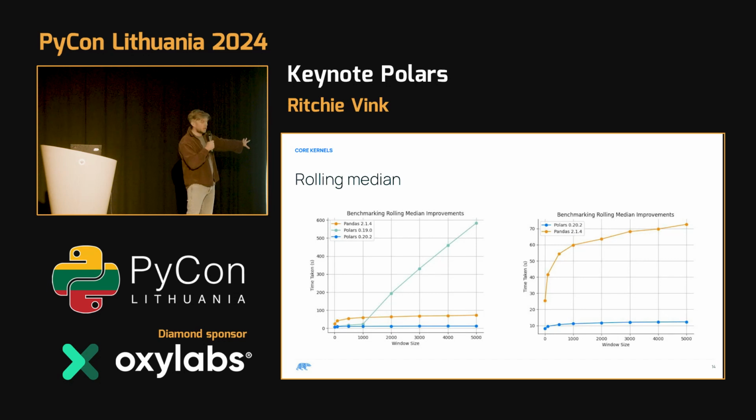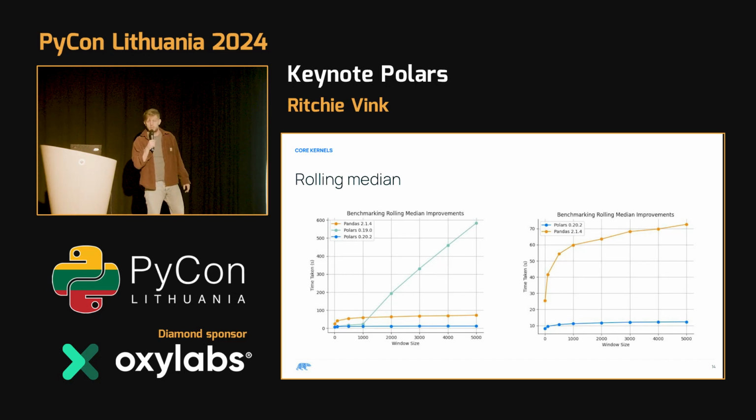And this is all algorithmic, by the way. As you see, if we increase the window size, we now grow logarithmically, where pandas also grows logarithmically, but with a different slope. Initially, we grew linearly, which was not good. So we fixed that.